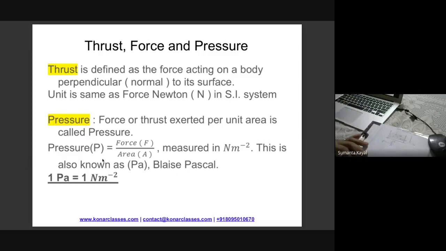Thrust is defined as the force acting on a body perpendicular to its surface. The force acting on a body perpendicular to the surface means it is directly making a 90-degree angle to that surface. Now, if I put a force at a certain angle theta with that perpendicular, then I have to take the perpendicular component of the force.